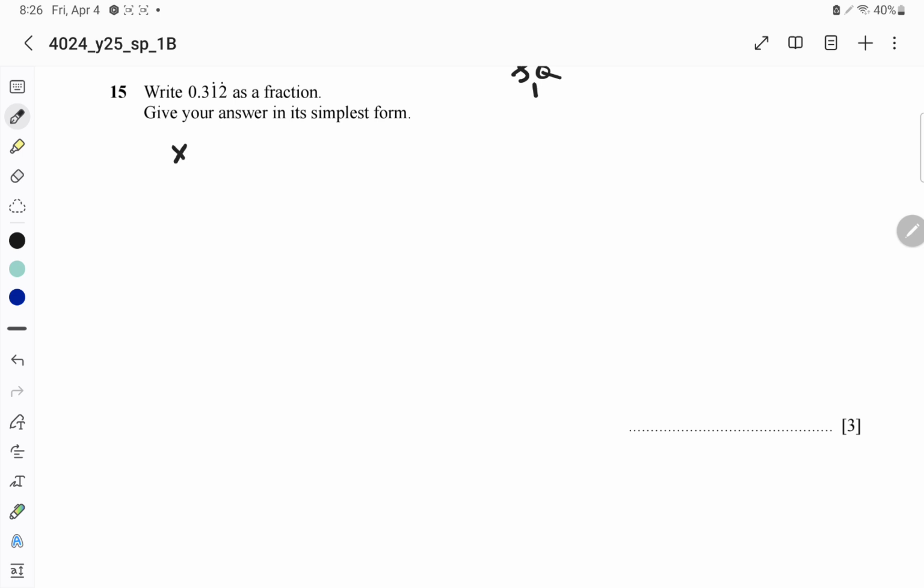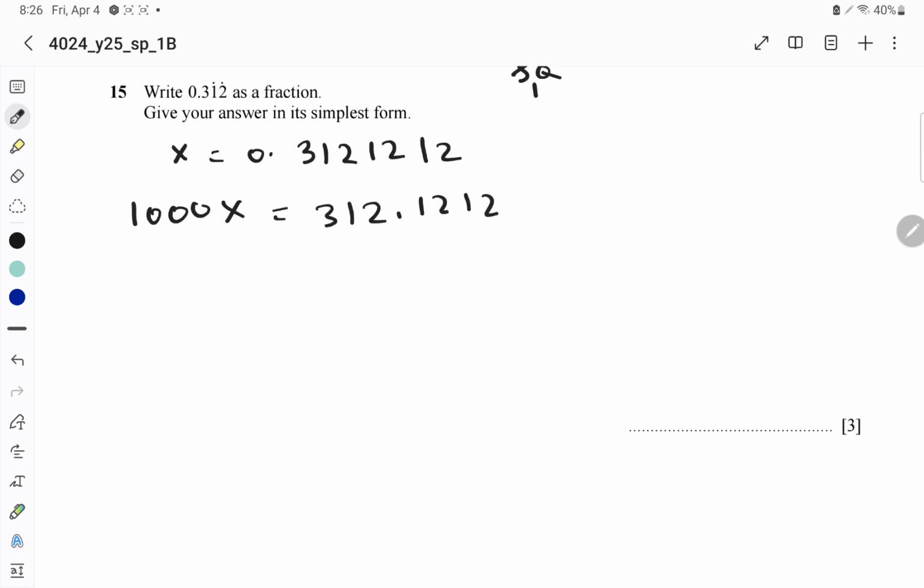So let X equal 0.3121212, with 12 repeating. 1000X equals 312.1212.